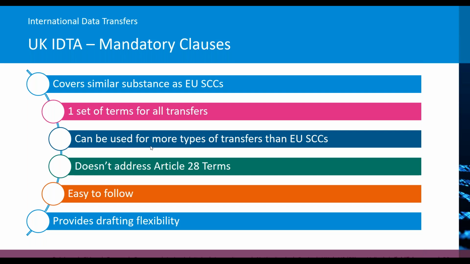Although it's quite clear how to use them under the EU SCCs, it does mean that if you don't have a transfer scenario that falls squarely within those modules, the terms don't quite work. So that is one benefit of the UK IDTA: by having one set of terms, they can be used for more types of transfers than the EU SCCs.